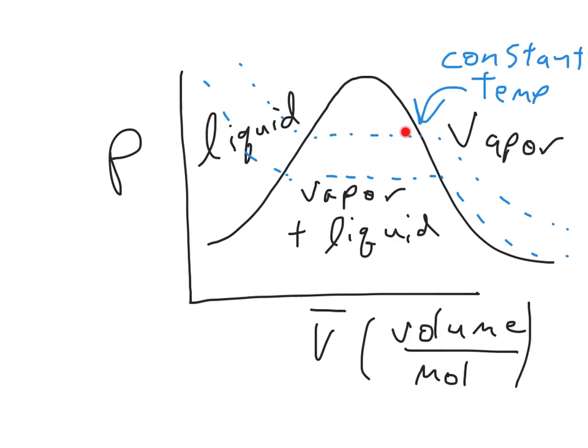So this process, boiling, is a constant temperature process, and that's what we say when we say the temperature is 212 degrees Fahrenheit or 100 degrees Celsius for boiling of water. That's because this whole process of going from liquid to vapor is at constant temperature, but there's this transitional region where we have both vapor and liquid as we're going from one to the other, but it's all at the same temperature, which is the boiling point of that particular substance.